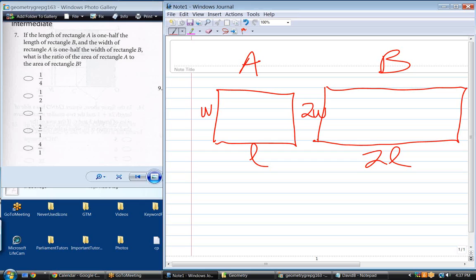Now, what is the ratio of the area of rectangle A to the area of rectangle B? Well, what's the area of rectangle A? LW. What's the area of rectangle B? 4LW. What's the ratio of A to B? 1:4. Good.